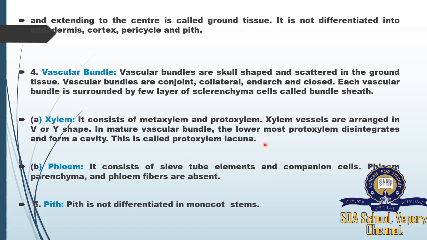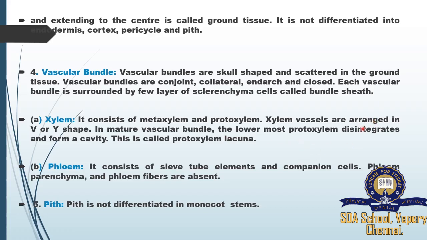Here we have two types of xylem, metaxylem and protoxylem. These xylems are arranged in either a V shape or Y shape in a mature vascular bundle. That is, when the plant is grown and attains maturity, the vascular bundles are Y or V shaped. The lowermost protoxylem disintegrates and forms a cavity.